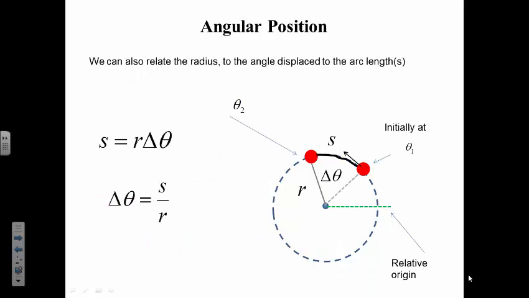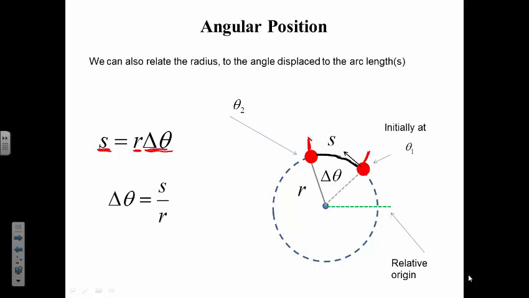Now, when we move our angle from theta 1 to theta 2, when we go from here over to here, our object covers a linear distance. That linear distance is called s, the arc length. It's related to r times delta theta.